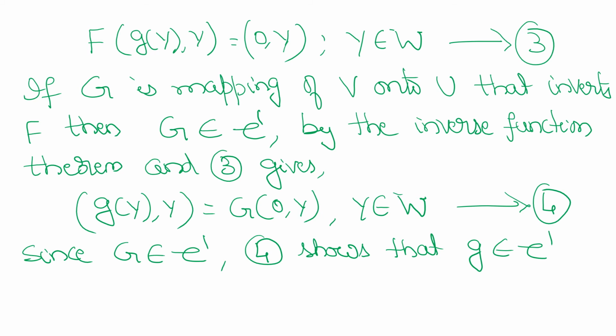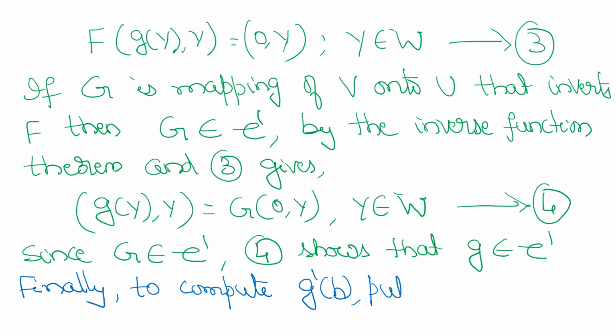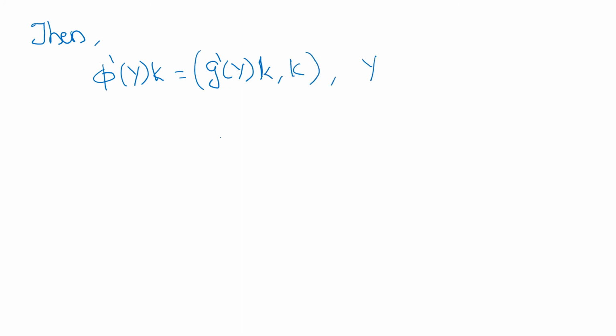So finally, the last step is to compute g'(b). Put (g(y), y) equal to phi(y). Then phi'(y)k is equal to g'(y)k comma k, where y belongs to W and k belongs to R^m. Call this relation phi.